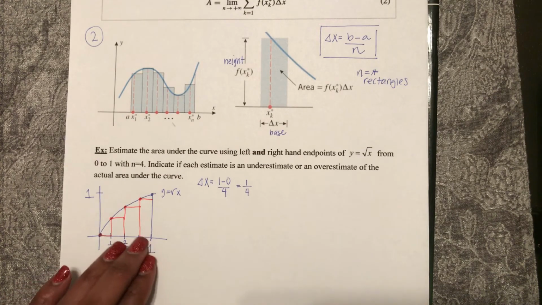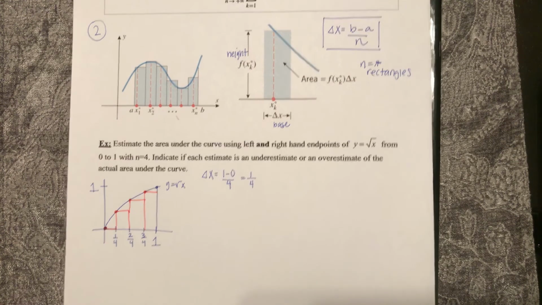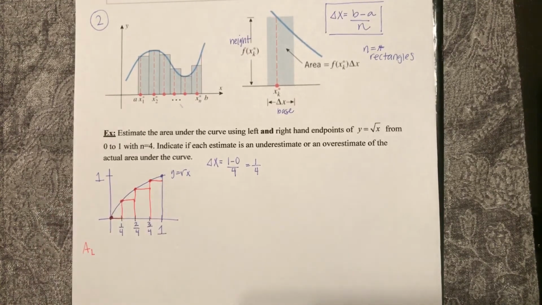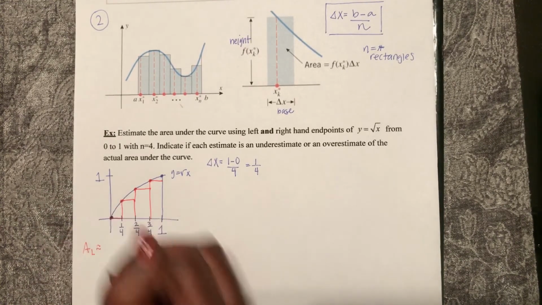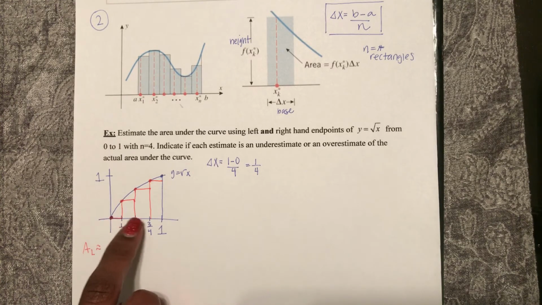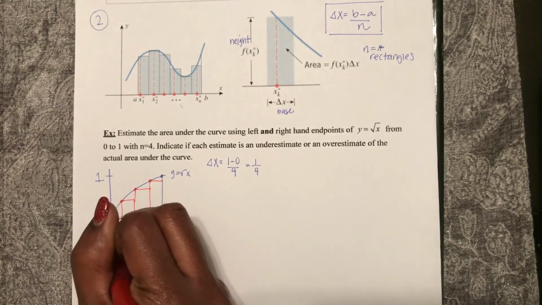So I can see from my curve that this is going to be an underestimate, but let's go ahead and calculate what this approximate area is. So I'm going to say A using my left-hand endpoints is approximately. Now, if I look at this, each of these rectangles has the same base. That base is 1/4.